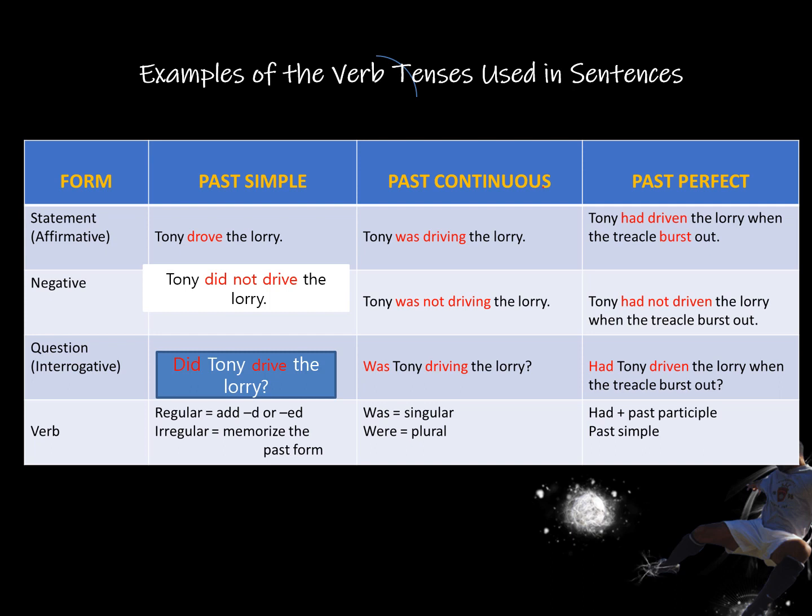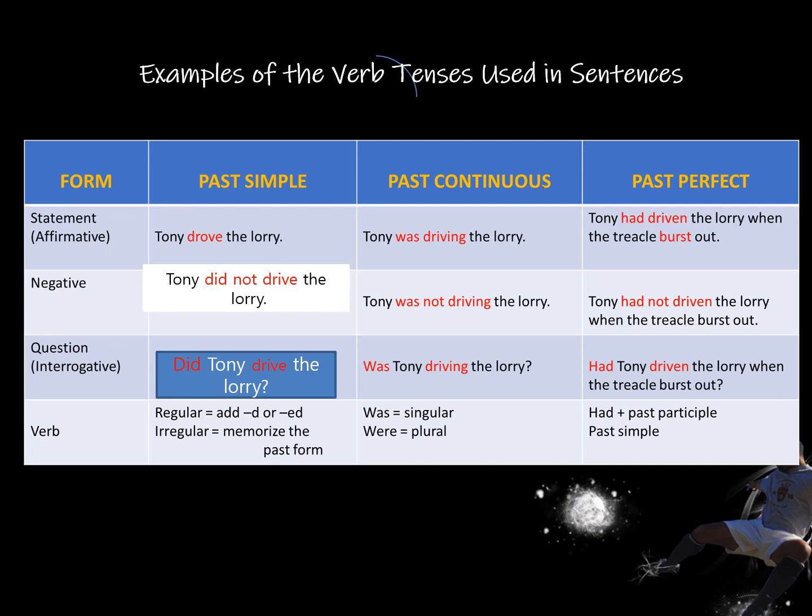If it is past continuous negative form of a sentence, so we say Tony was not driving the lorry. So we put not in between the helping verb and the main verb to make it negative. But you can also put it in a contracted form like wasn't. So Tony wasn't driving the lorry if you want to do so.